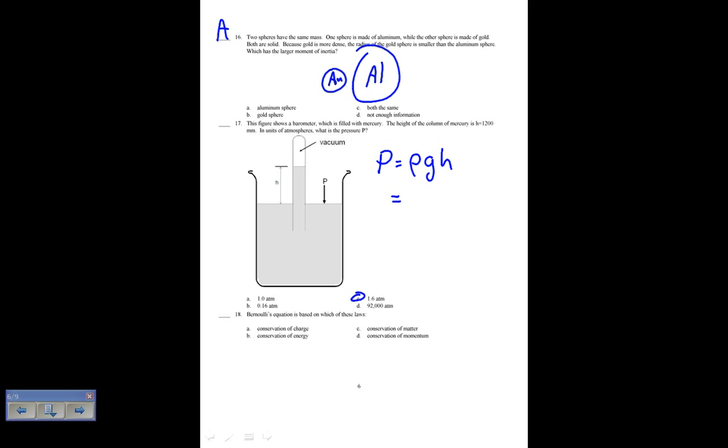That's going to equal, I think it's 2,700. Is that right? We'll try it. That's 9.8 times h, which is 1.2 meters. So let's see what that gives me. No, that's not right.